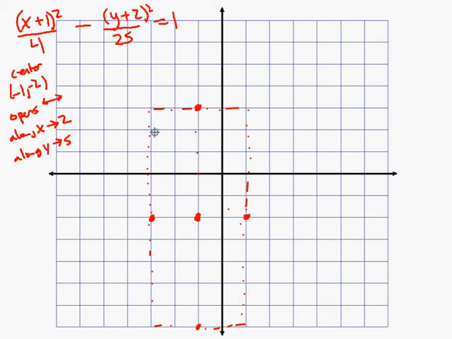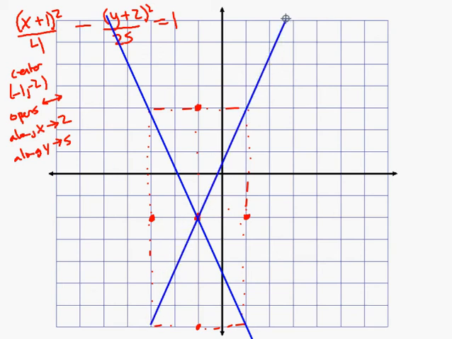I'll draw them with my line tool this time. So some of this is going to be cut off, but you get the point, I hope. And then to actually graph it, I'll do it in green.